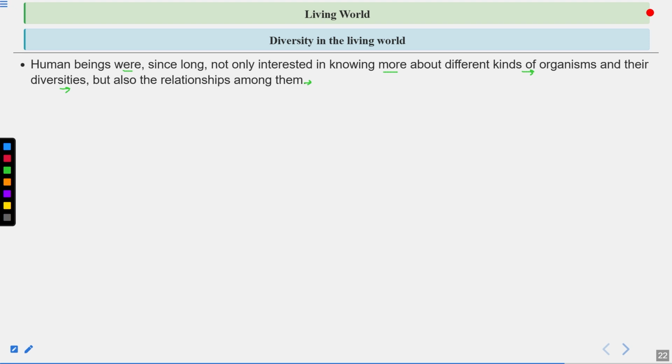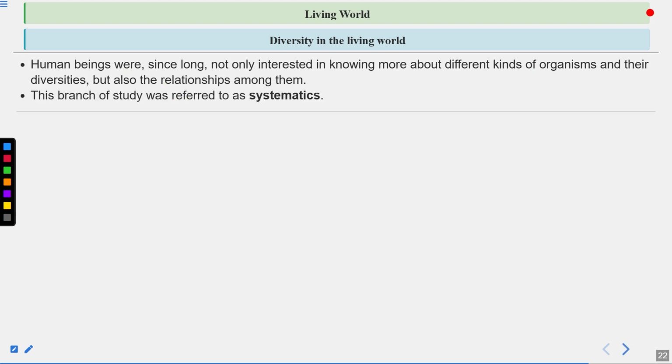But they also want to know the relationship between these organisms. What is the relationship between these different kinds of organisms? How are they linked together? What is the similarity between them? So they want to know about the evolutionary relationship.